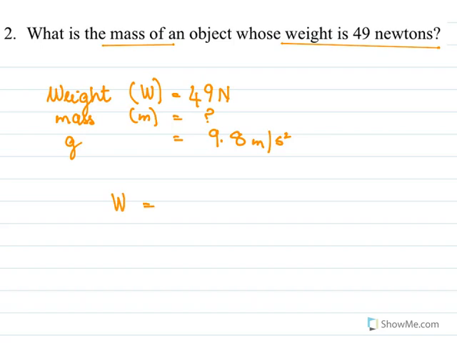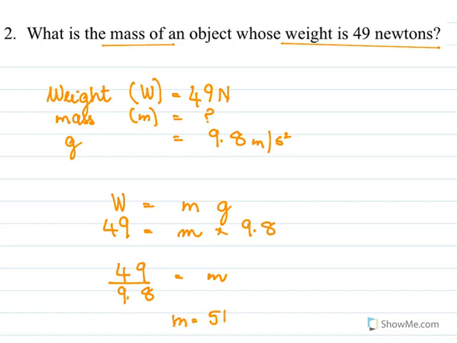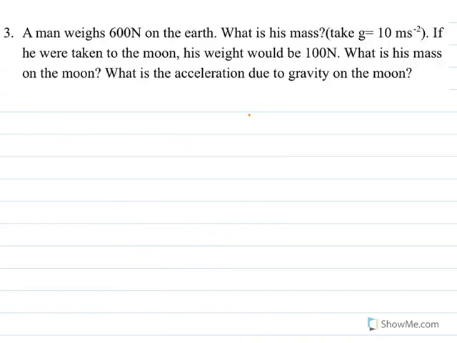So we have W = M × G, that is 49 = M × 9.8. So 49 over 9.8 equals M, and if you solve this, you get M = 5 kg. So the mass is 5 kg.